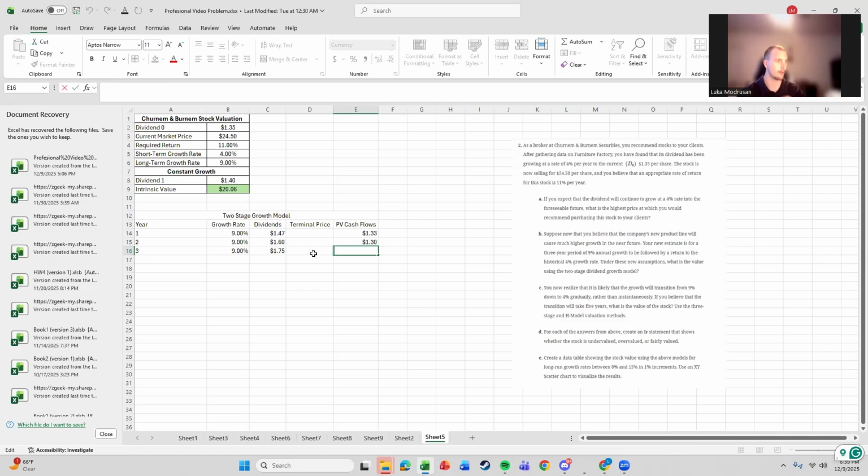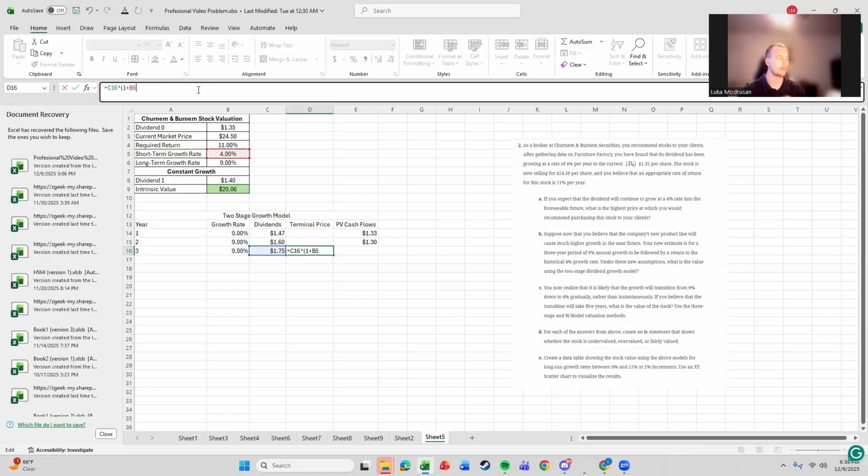So now we just need to do this. It's going to be equal to this. That's going to be times 1 plus short-term growth divided by this minus the short-term growth.